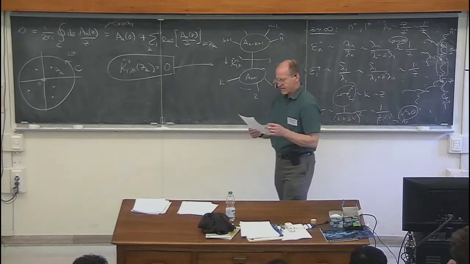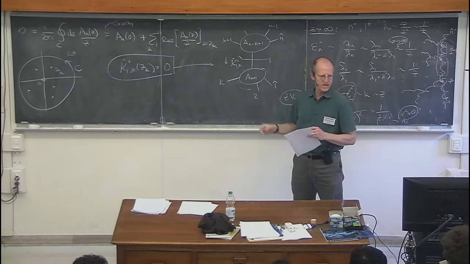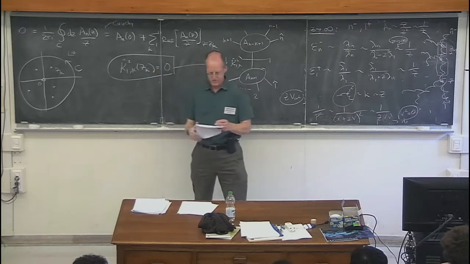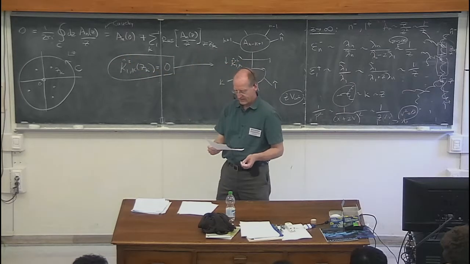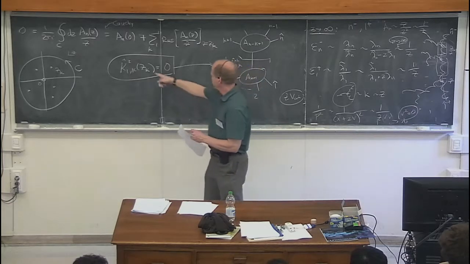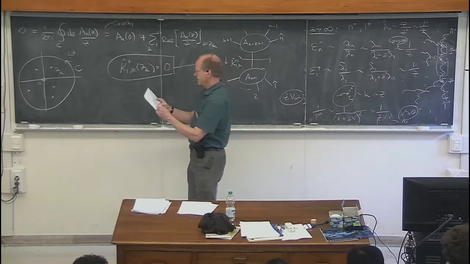Okay, so now the only thing left to do is to evaluate minus the sum of the residues, and that will give us this amplitude. Okay? So first of all, we have to figure out what z_k is in the kth term.